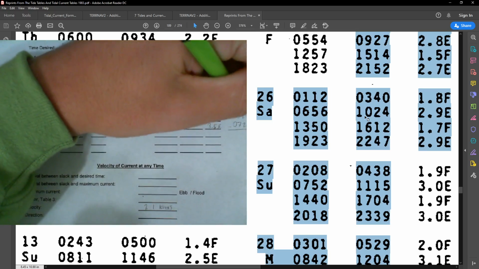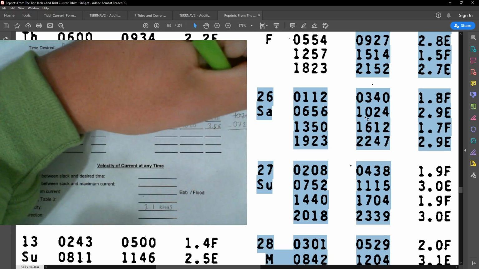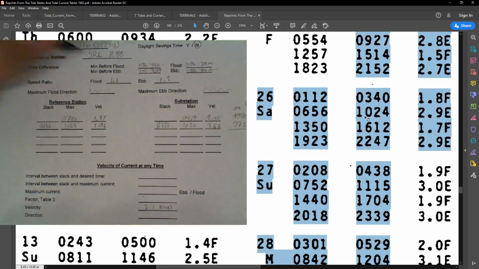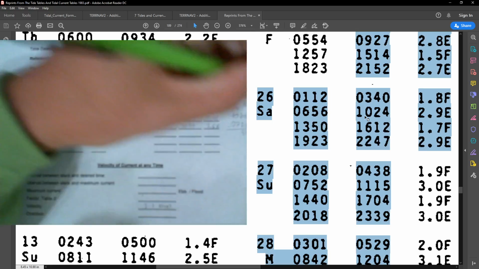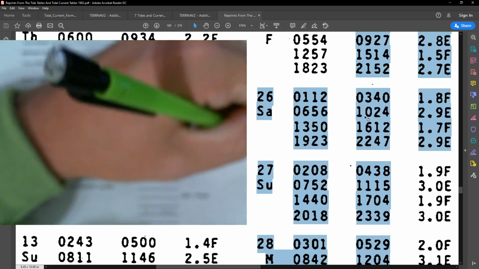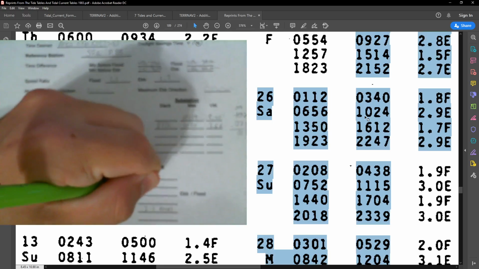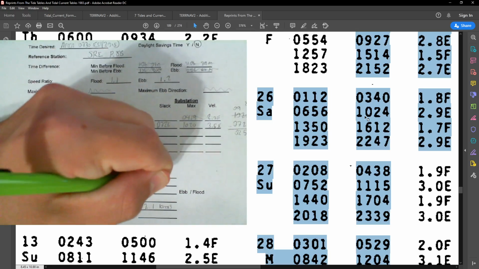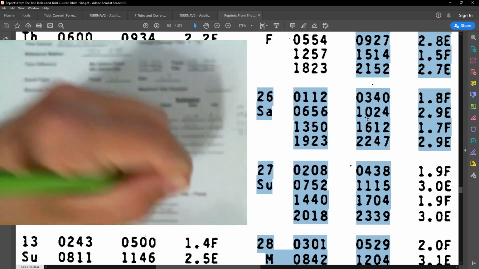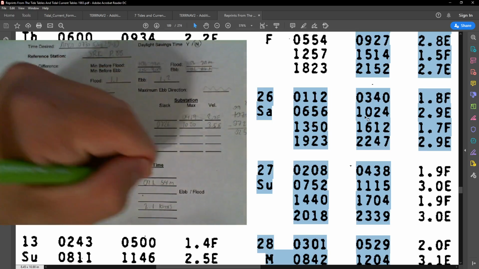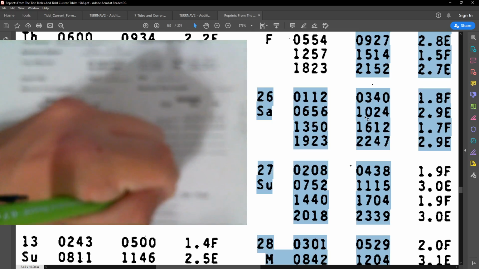That'd be 09. 20 plus 60 is 80. 80 minus 26 is 54. And 09 minus 07 is 0254.